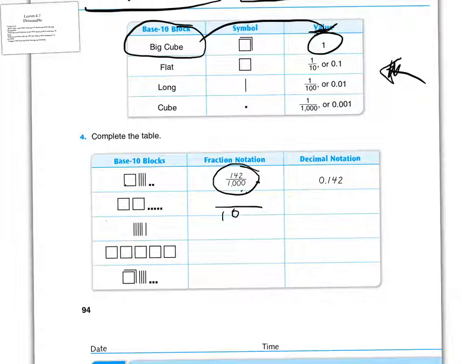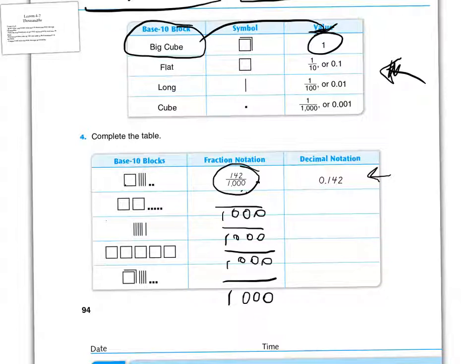So make sure we put the 1,000 down on every one of these, just to make everything a little easier, because we know we're working with our whole as 1,000. So when you get 142 over 1,000, it equals 0.142 as a decimal, or 142 thousandths.